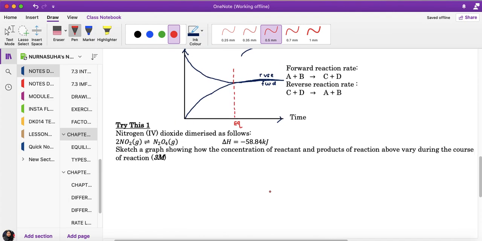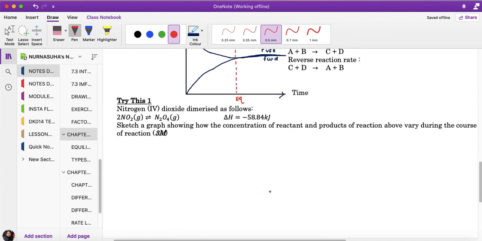So now, let's have a look at the exercises. Dia cakap apa ni? The nitrogen dioxide dimerizes as follows. Dimerized means that change ataupun bercerai. Okay, menjadi from here to here. You are given enthalpy. So enthalpy here you can just ignore. Tidak ada kaitan lah. Okay.